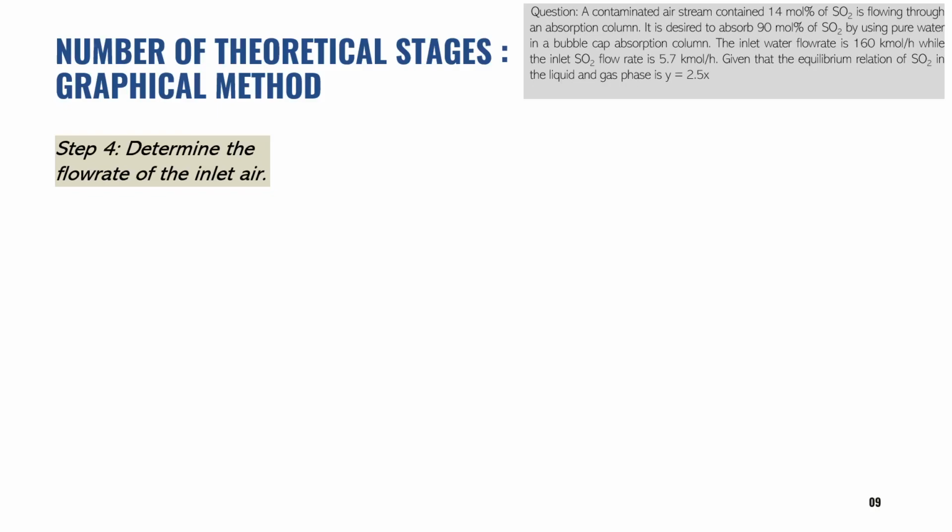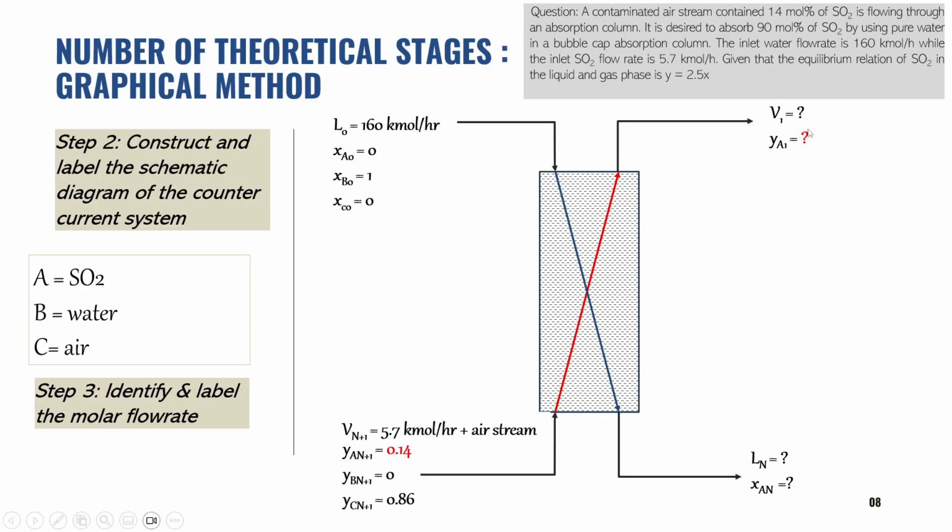Right. So the next step is we need to determine the flow rate of the inlet air, as well as the flow rate, so that we can evaluate the mole fraction of SO2 in the gas stream. So we need to evaluate the total volume of the gas entering the system.